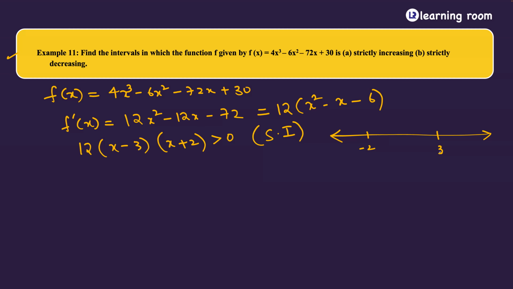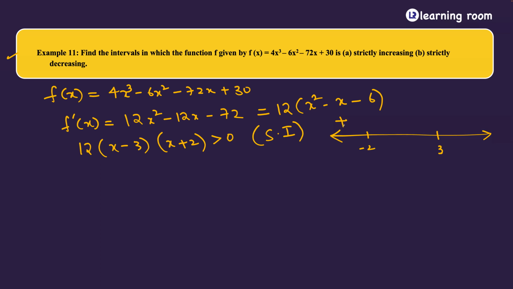When you substitute a value of x less than minus 2, for example minus 3, this is going to be negative and this is also going to be negative. Minus 3 means this is minus 6, this is minus 1. So minus into minus will be plus. Any value of x substituted on the left of minus 2 will give me a positive value of this inequality. Am I clear with this?